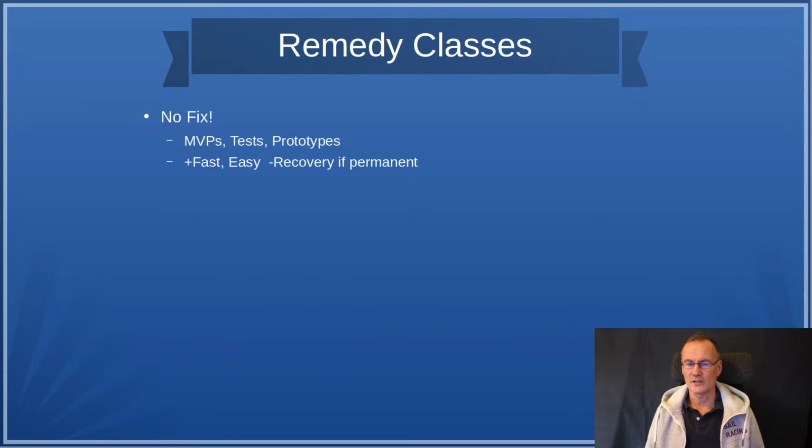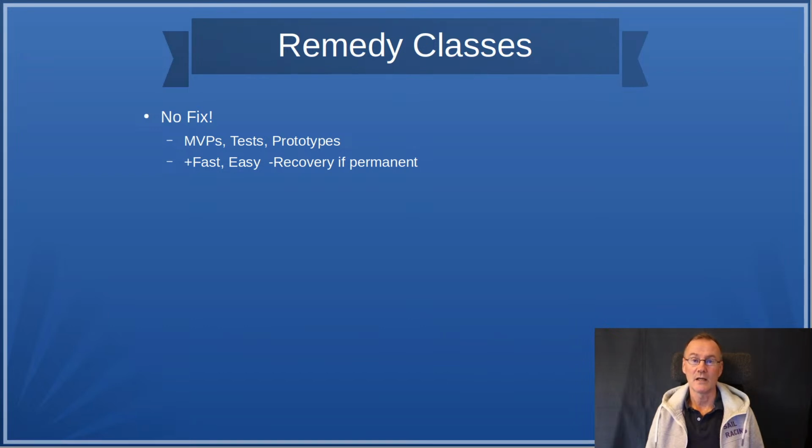And the first class I can think of is no fix at all. We don't care. We know that this might be a problem later on, but maybe we're doing something really fast, really cheap, really just testing out and doing prototypes. So MVPs, prototypes, that kind of stuff. We might just not care. The plus side for this is it's fast and it's easy.